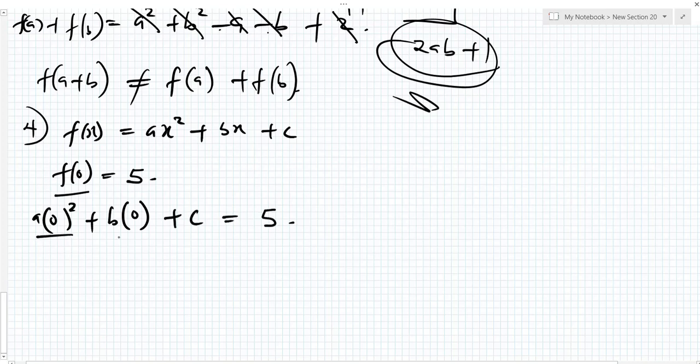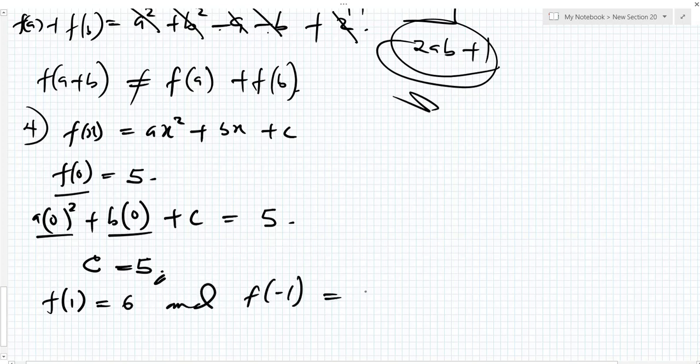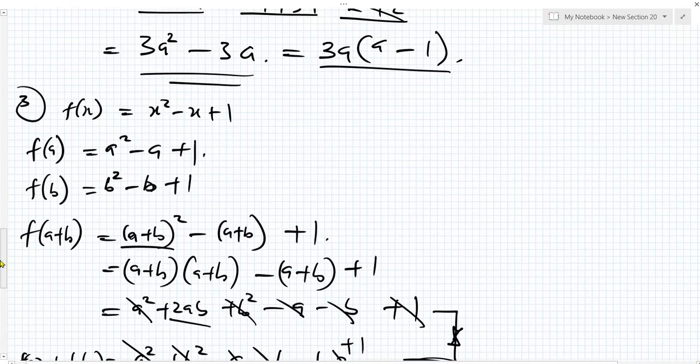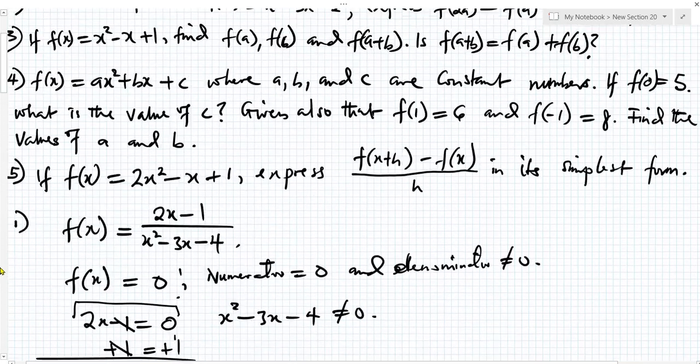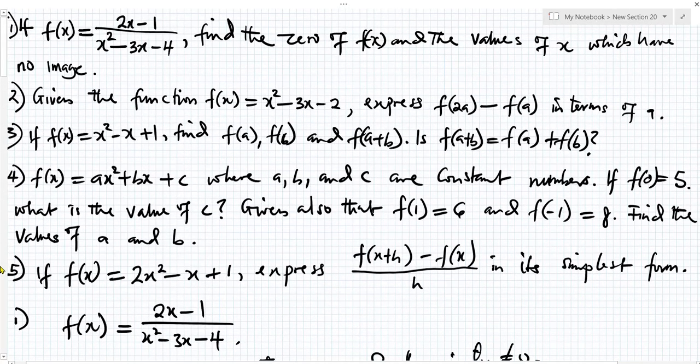So these two terms will be 0, and you're left with c is equal to 5. Now they said f of 1 is equal to 6 and f of minus 1 is equal to 8. Let me see whether it's what was written. Okay, that is it.